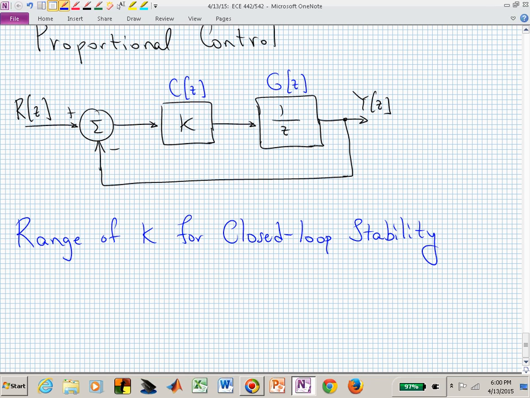If I wanted the closed loop transfer function between r and y, just to get us on the same page, that's k g of z over 1 plus k g of z.